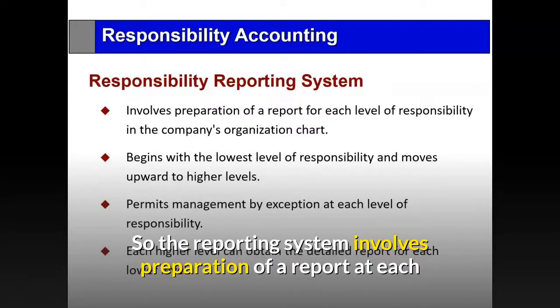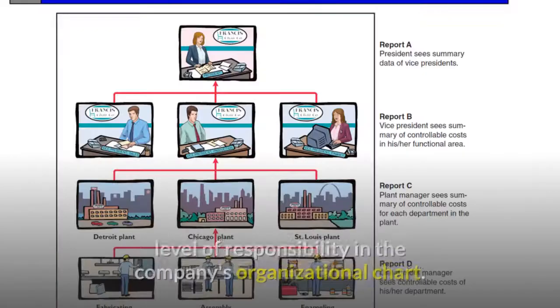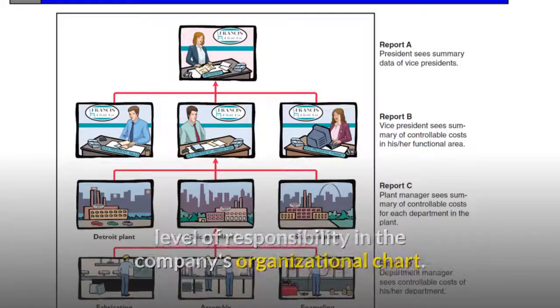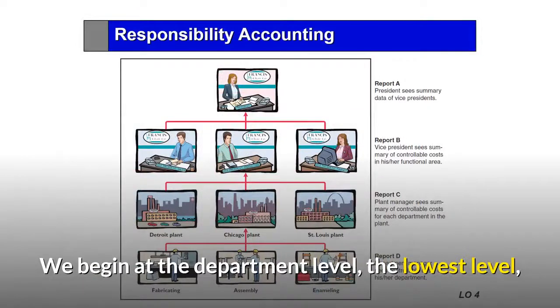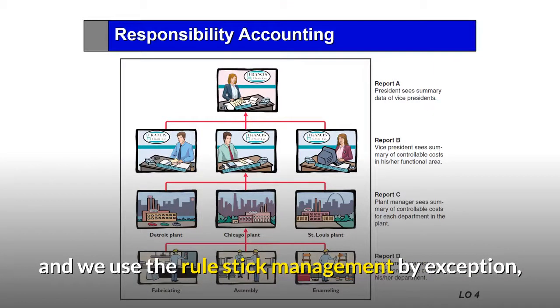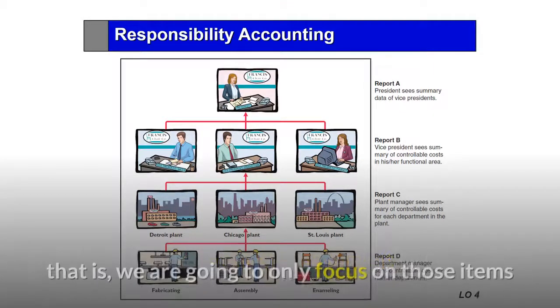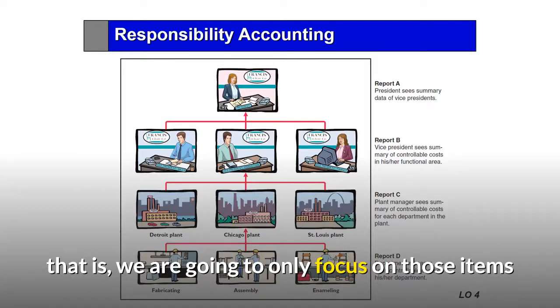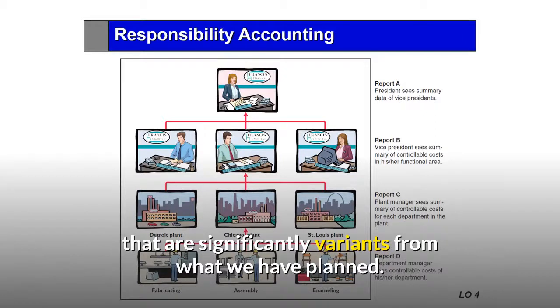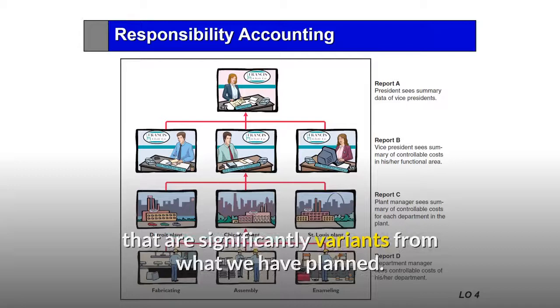So the reporting system involves preparation of a report at each level of responsibility in the company's organizational chart. We begin at the department level, the lowest level, and we use the rule of management by exception. That is, we are going to only focus on those items that are significantly variant from what we had planned.